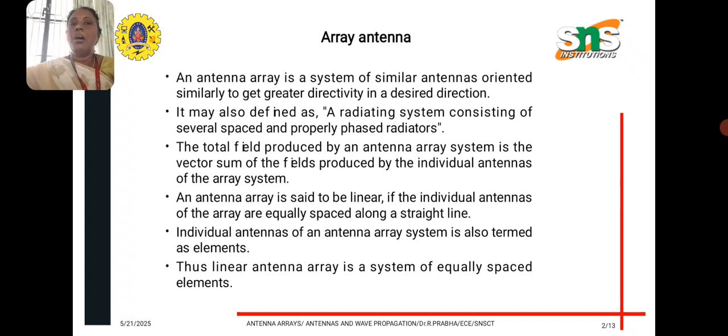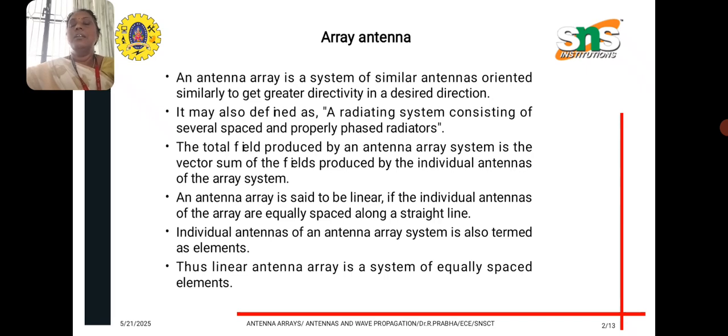It may also be defined as a radiating system consisting of several spaced and properly phased radiators or antennas. The total field produced by an antenna array system is the vector sum of the fields produced by the individual antennas of the array system.